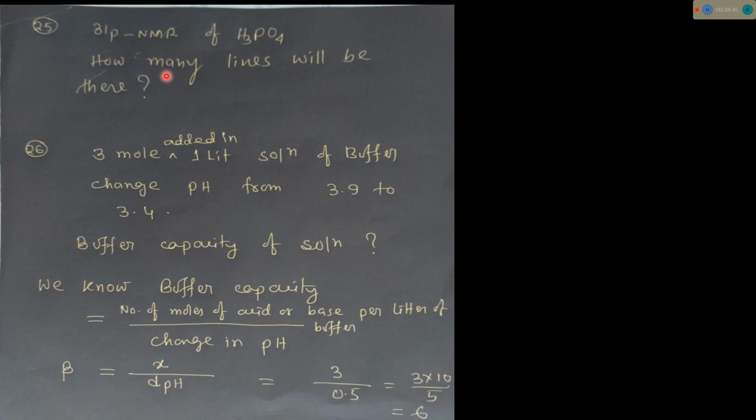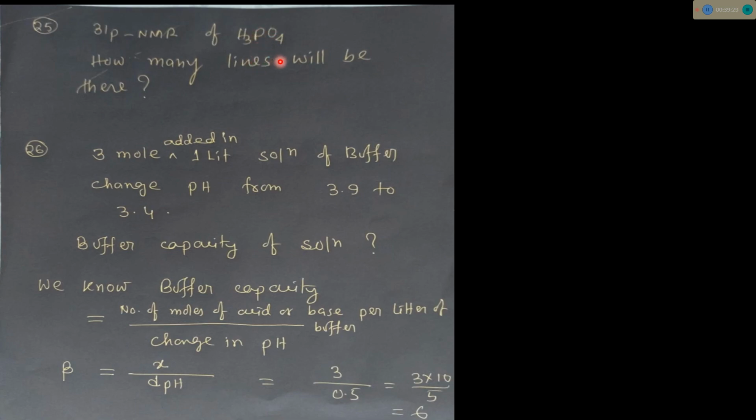But if they ask about splitting of that peak, the spin I of 31P is half, so 2nI plus 1 means 2, a doublet. But only one peak is observed here because there is only one phosphorus atom.